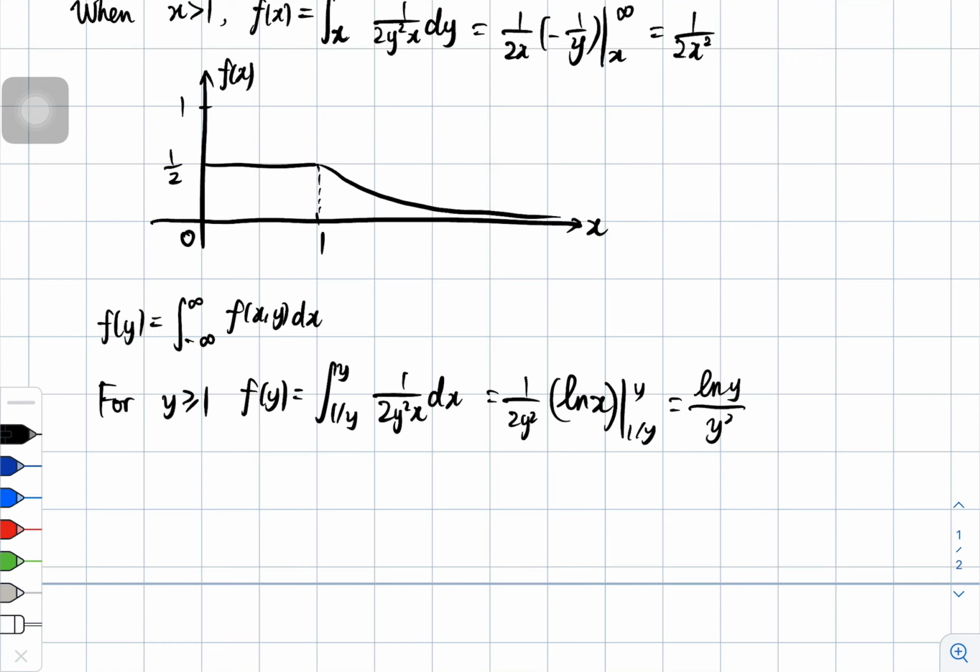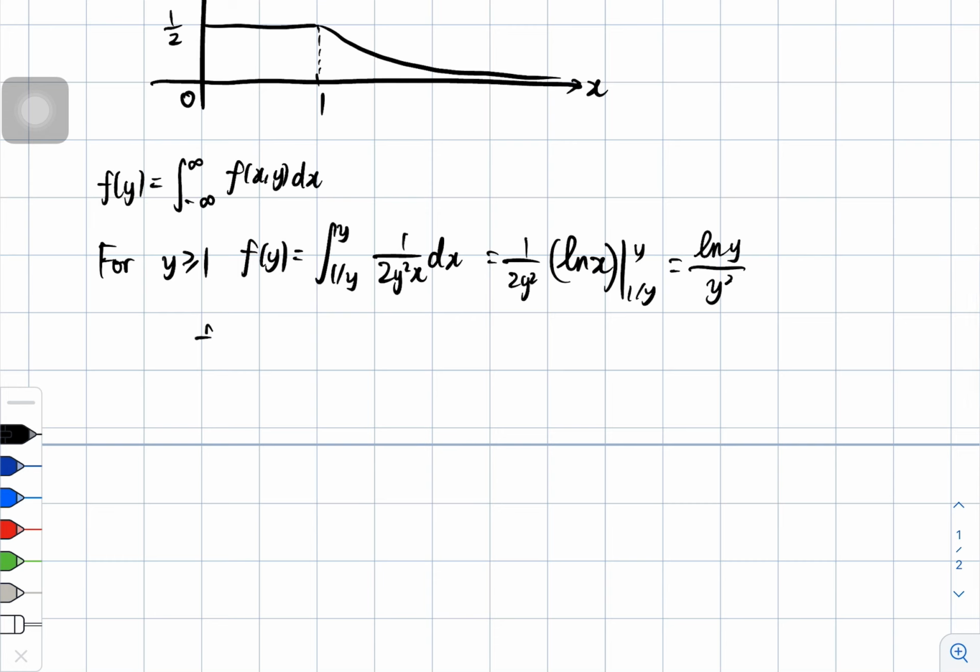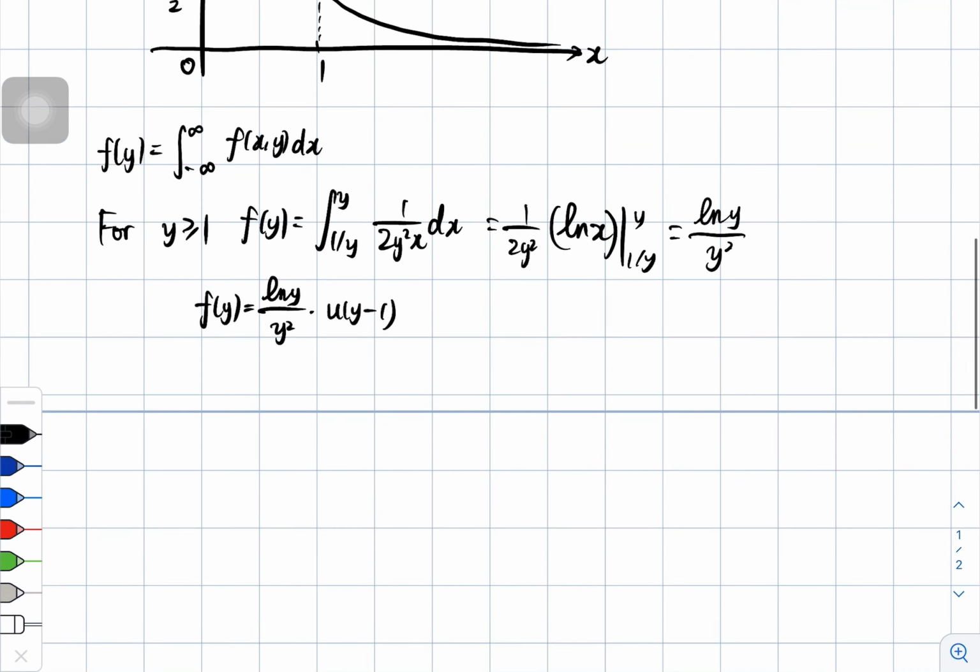So the answer is actually fy equals ln y over y squared times u(y minus 1). So this is 1, it is something like this.